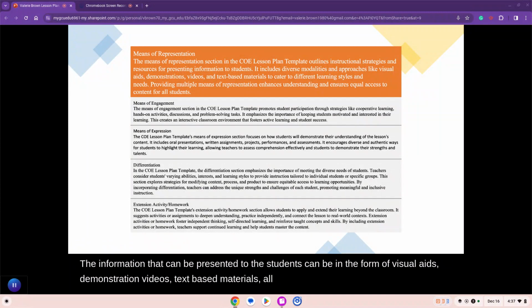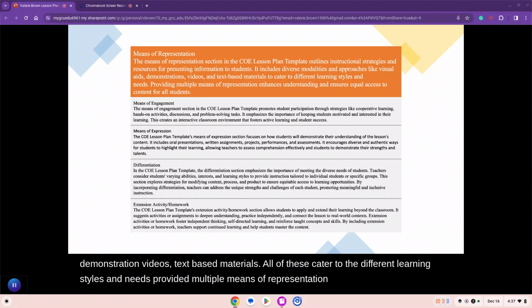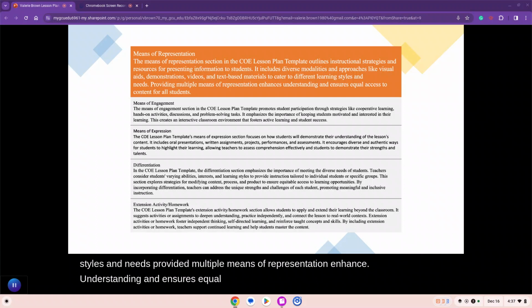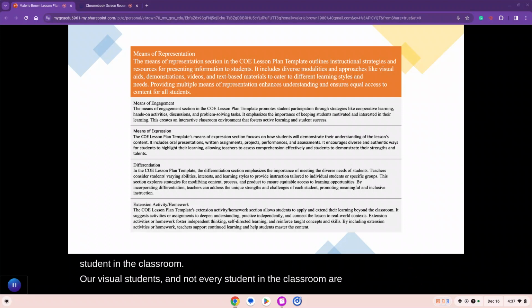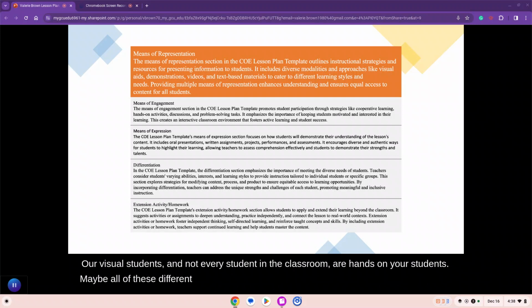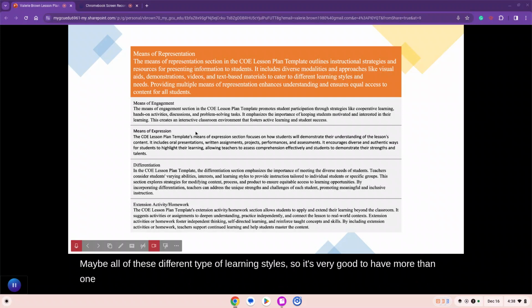All of these cater to different learning styles and needs, providing multiple means of representation, enhancing understanding, and ensuring equal access to content for all students, because not every student in the classroom is a visual learner, and not every student is hands-on. Your students may be all of these different types of learning styles. So it's very good to have more than one learning style in rotation in a lesson.